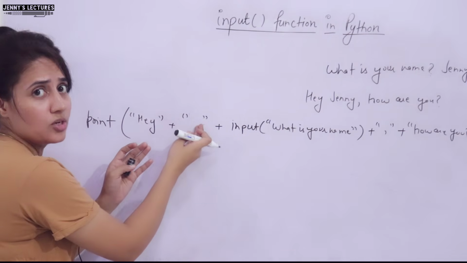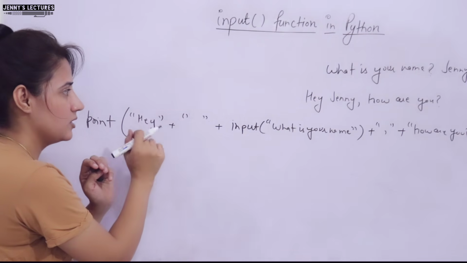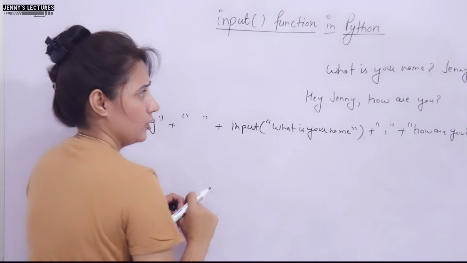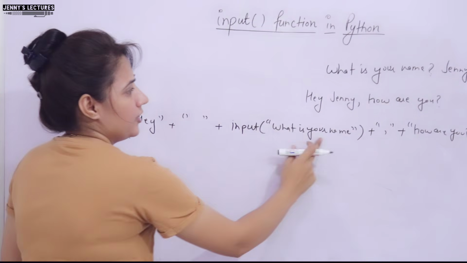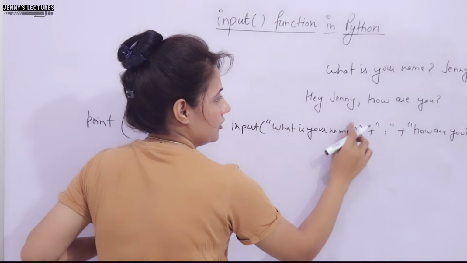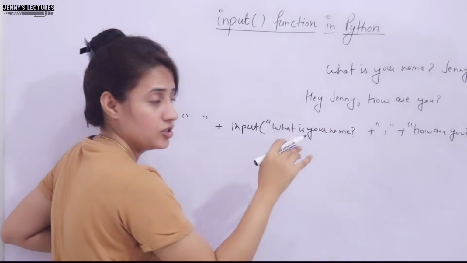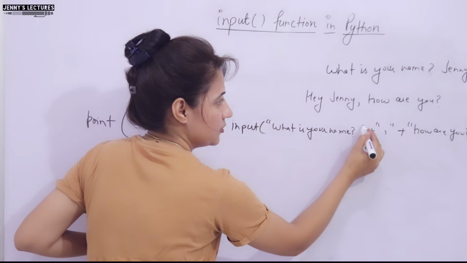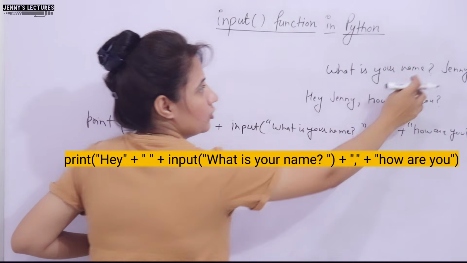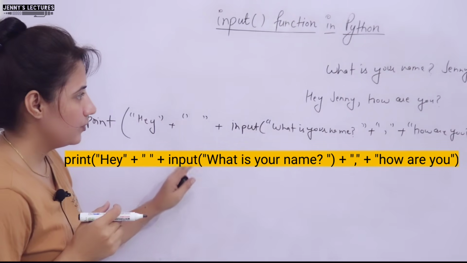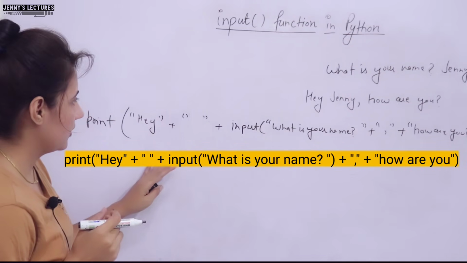Rather than a separate space, you can put a space here, or you can put the comma here before how are you. Now for what is your name, it should print the question mark, then add a space, and then the closing quotes, so it will add a space here. I hope you got how to print this.